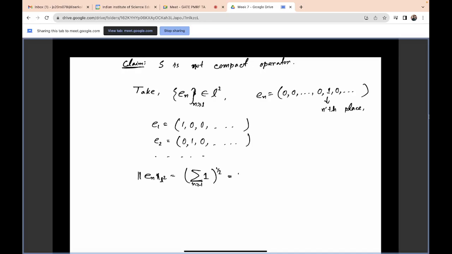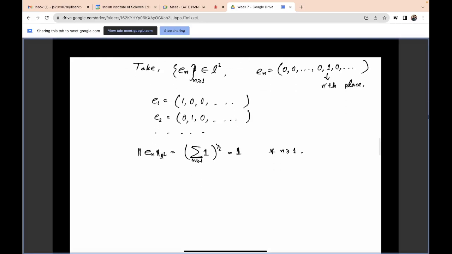Therefore the En are bounded, because all have norm 1. So En for n greater than or equal to 1 is a bounded sequence in little L2 with respect to this L2 norm.